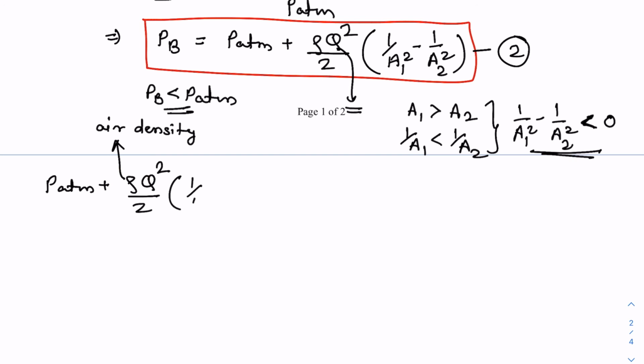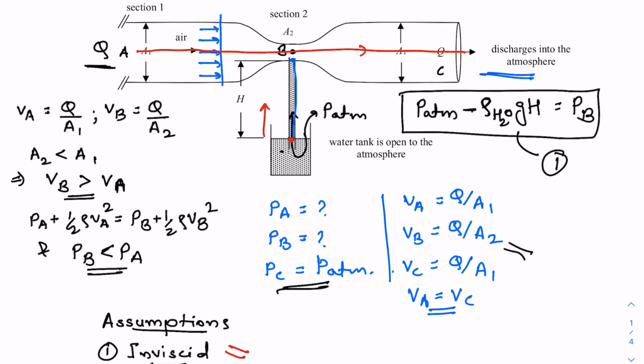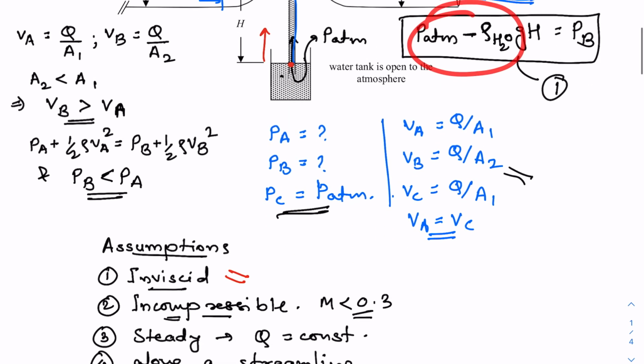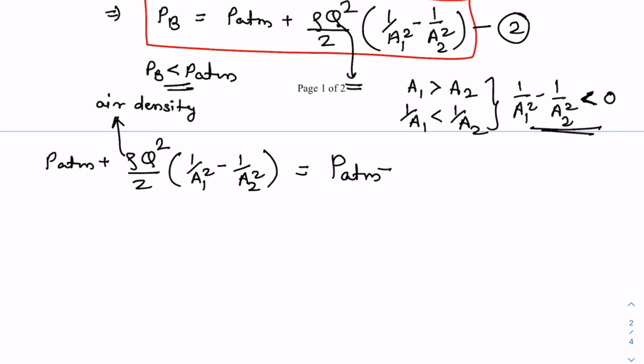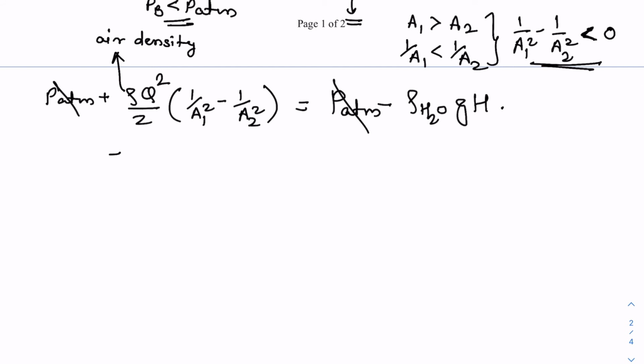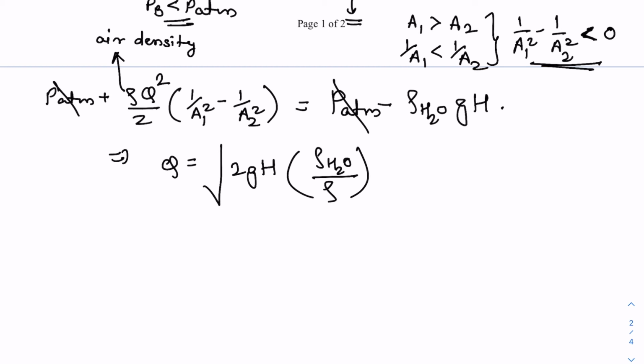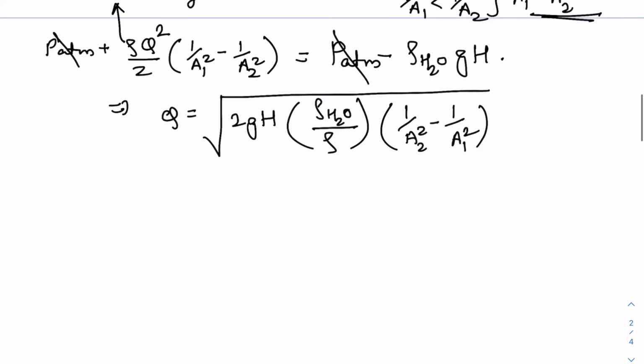Then in bracket 1 by A1 square minus 1 by A2 square will be equal to PATM minus rho H2O G capital H. So PATM will cancel out, and this gives us Q to be equal to square root 2G capital H, the ratio of density of water to density of air, and this term which includes area.